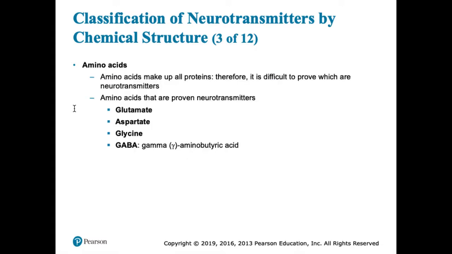Amino acids basically make up all proteins, as we've talked about before. So it's really hard to determine which ones are actually directly neurotransmitters. The amino acids that are proven neurotransmitters are glutamate, aspartate, glycine, and GABA, which is gamma aminobutyric acid. Those we know act as transmitters as well.